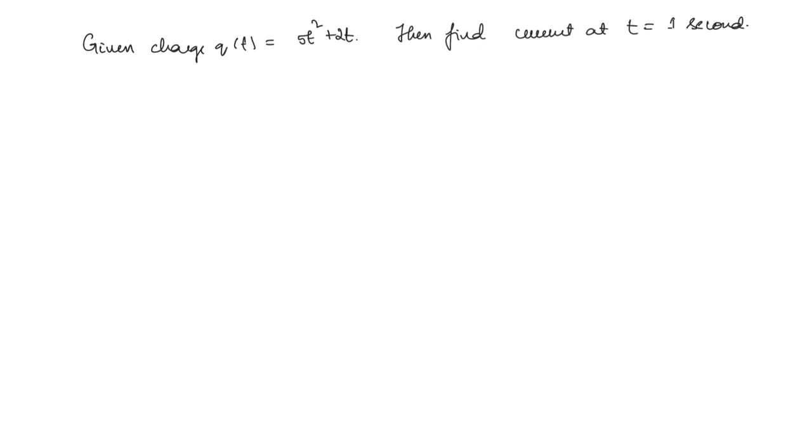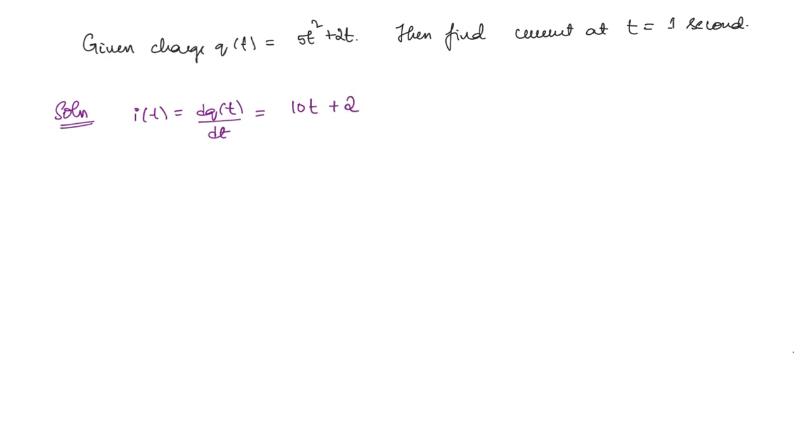Before you see the solution, you can pause the video and solve it on your own first. So what is the solution? You have to find the current, which is equal to dq of t by dt. You just have to differentiate the charge function. So what is the differentiation of 5t square plus 2t? It is 10t plus 2.